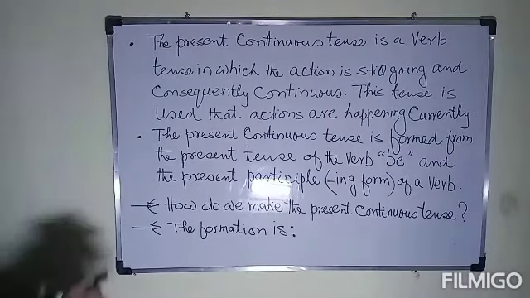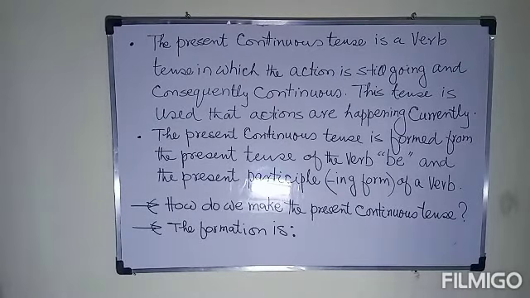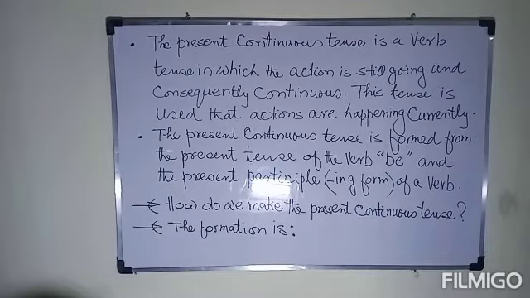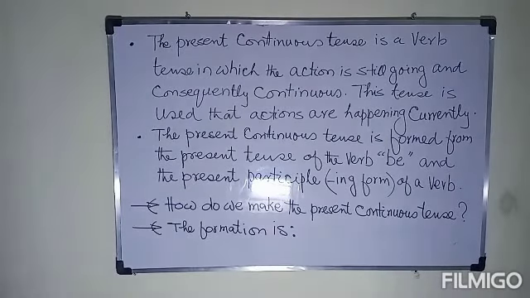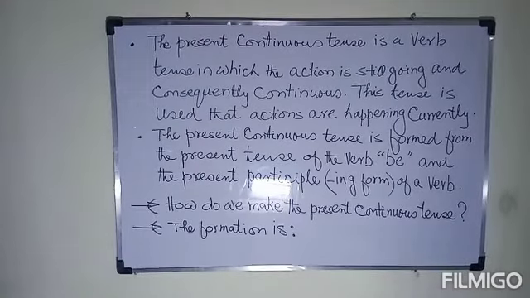The next definition is that the present continuous tense is a verb tense in which the action is still going, not completed, still going, and consequently continuous. This tense is used when actions are happening currently, not in the past, currently.